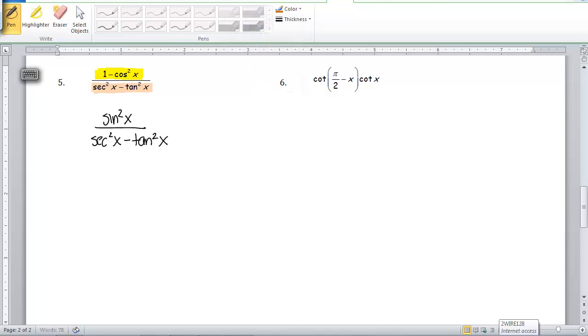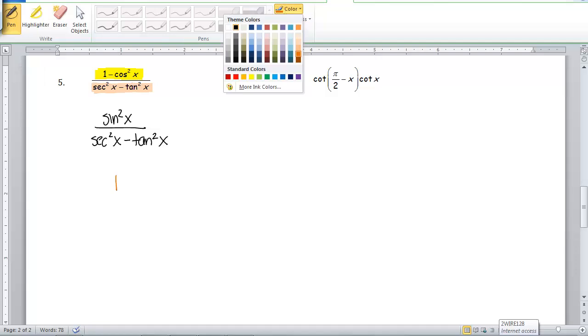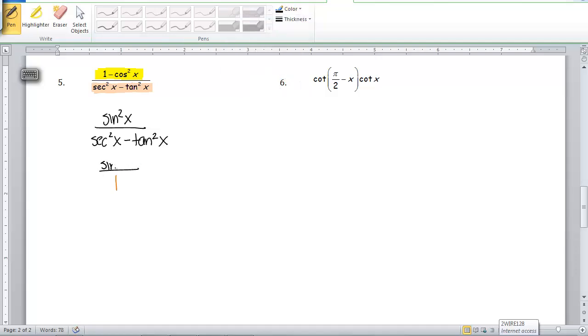Now, if I look at the denominator, secant squared minus tangent squared is the same thing as 1. And since anything divided by 1 is just itself, this expression simplifies to sine squared x.